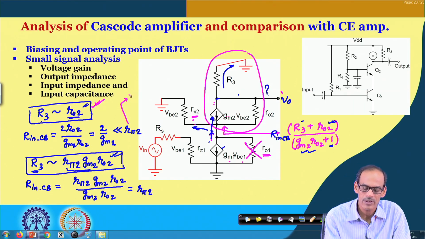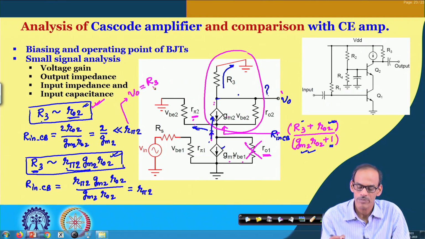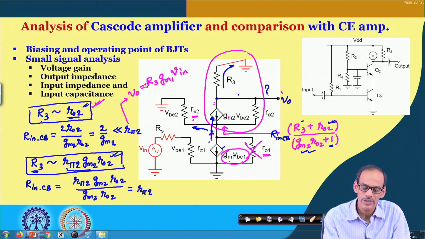So, this gives us the output voltage, which is R3 multiplied by the signal current, which is G m1 times V BE1, which is V in. Of course, there will be a polarity difference. So, that gives us the voltage gain V O divided by V in equals minus G m1 into R3.